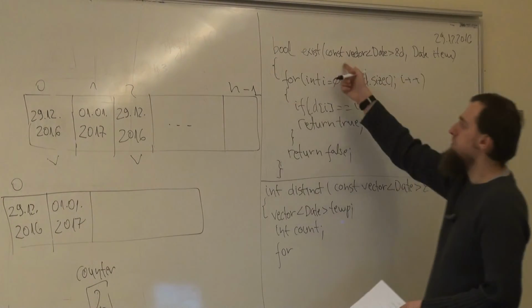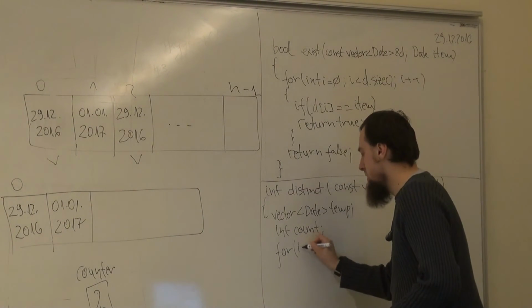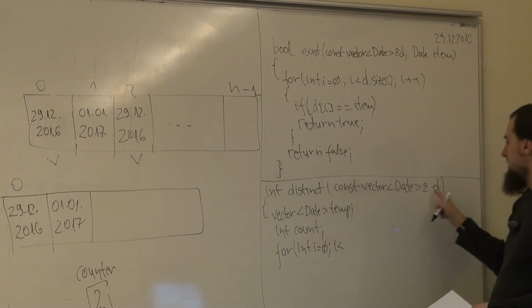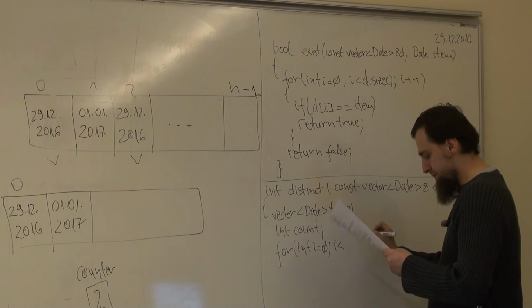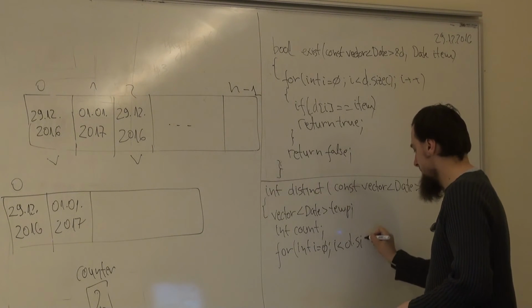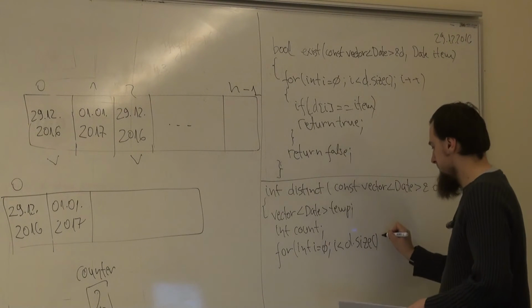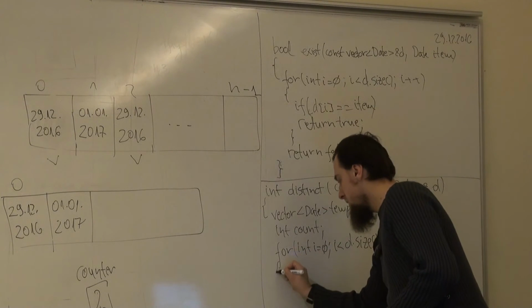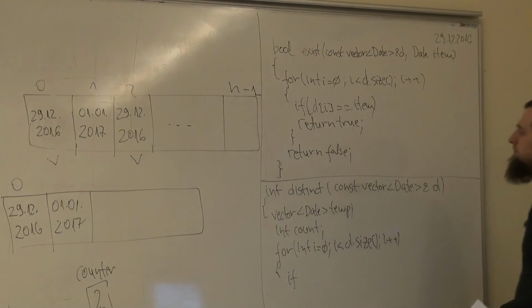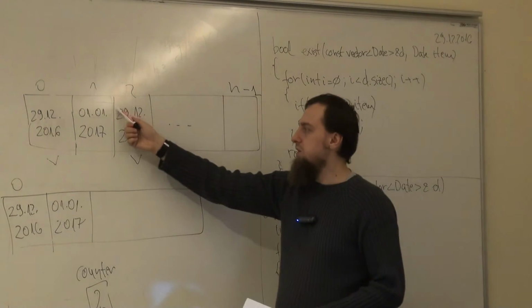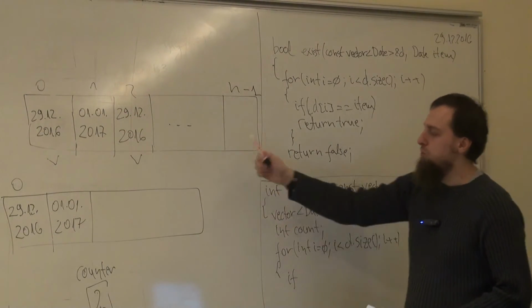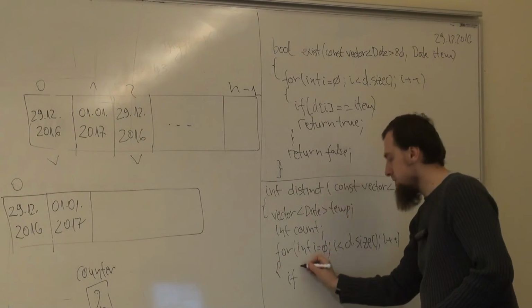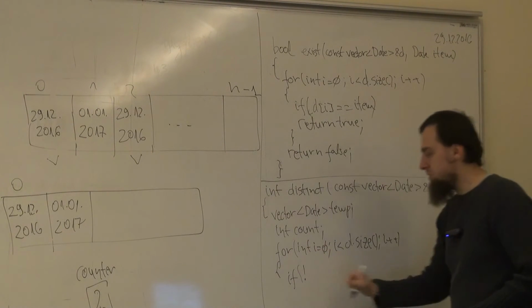So I'm going to use this function here. For integer i is equal to 0, i is smaller than d.size(), i plus plus, if a certain date does not exist, then I'm going to put it and increment the count. Does not exist, I mean if it returns false, in order to be true, I'm using the not operator.